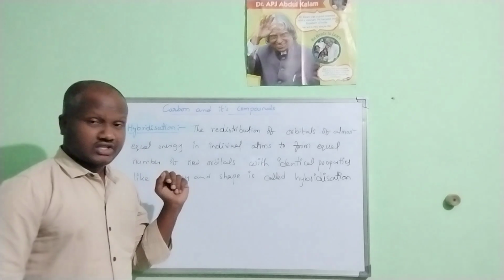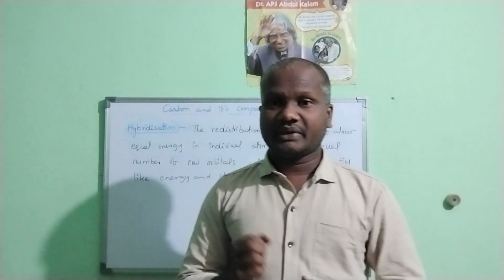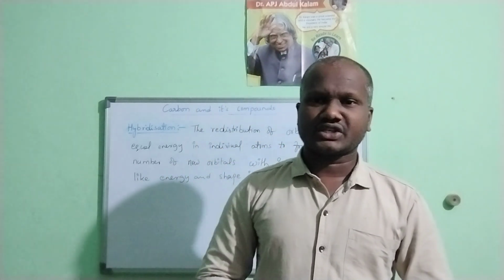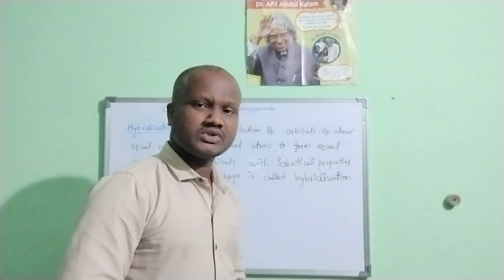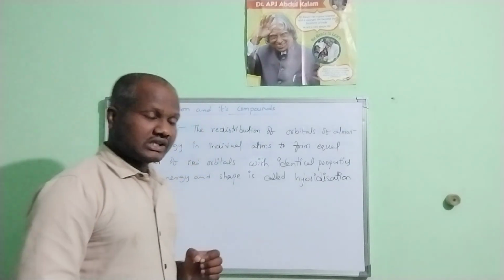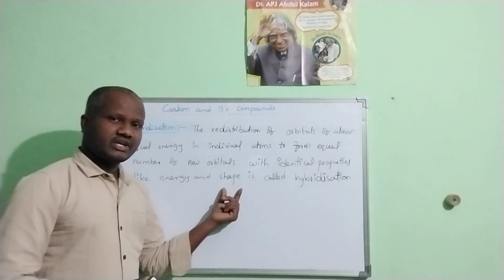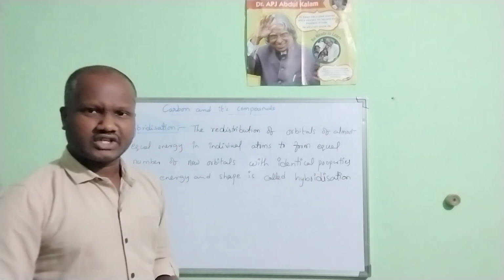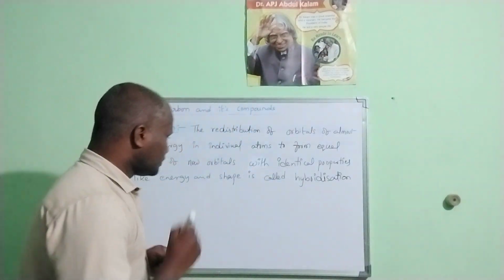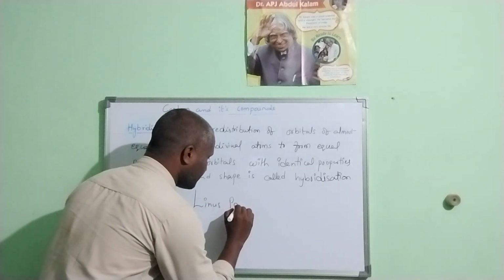What is hybridization? Hybridization is the redistribution of orbitals of almost equal energy in individual atoms to form an equal number of new orbitals with identical properties like energy and shape.